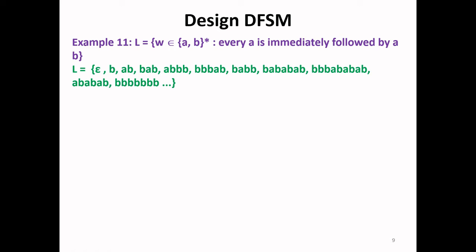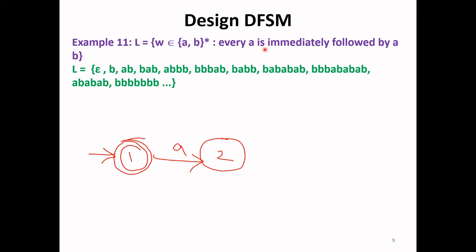As you all know, the first string is epsilon. So the initial state is the final state. Take this as state 1. Then if I have an A, I must have one compulsory transition from state 1 to state 2 on A. State 2 is intermediate because the condition is not yet complete.